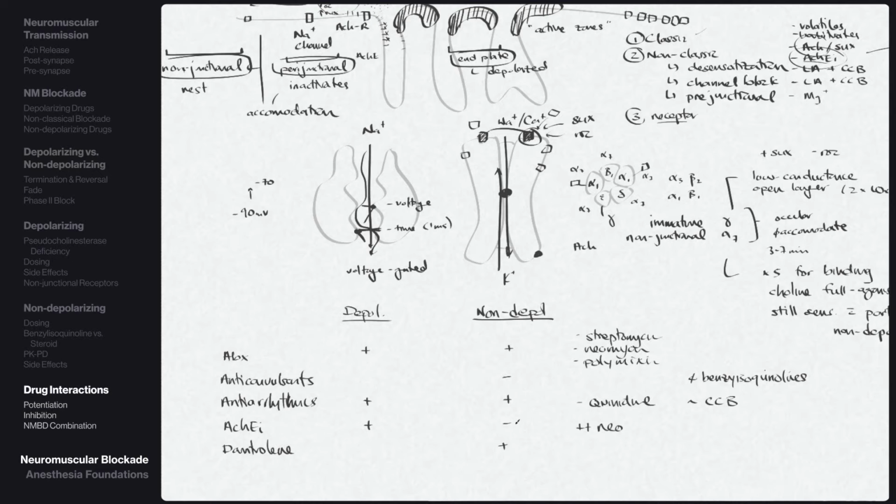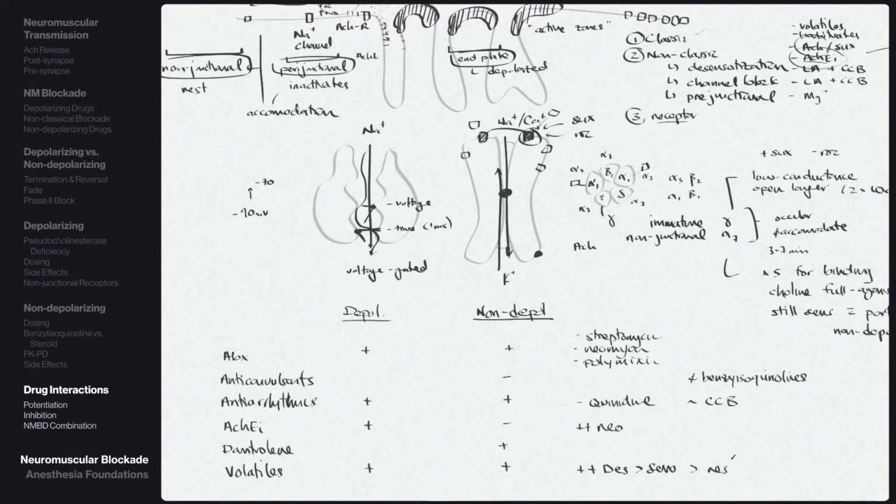Now as well, volatiles, which we've mentioned before, may have some desensitization or other actions pre- or post-terminal. This can affect both depolarizers and non-depolarizers, and it is mostly seen with desflurane and sevoflurane, and a little less so than the rest of our volatiles.